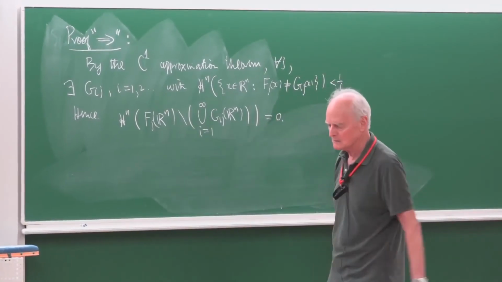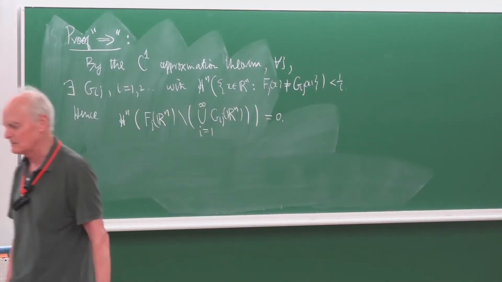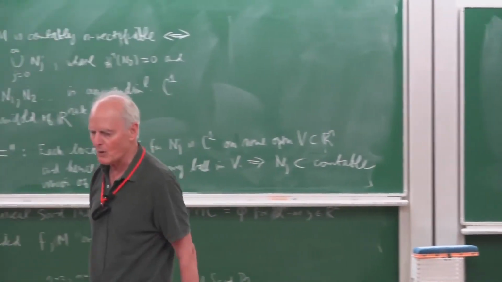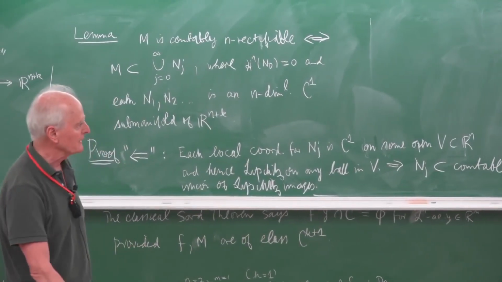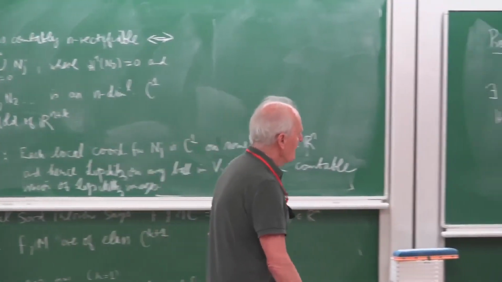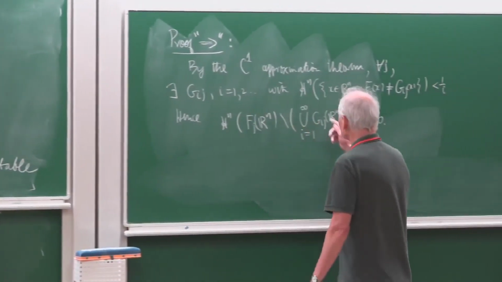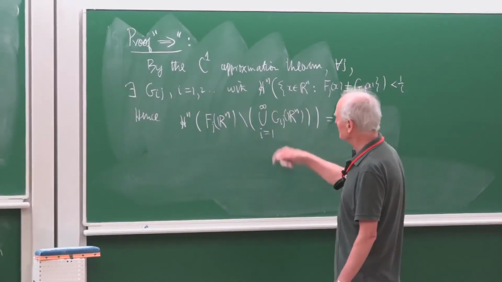Just use the C1 approximation theorem to show that you can chew up almost all of the jth image, Fj(Rn). And then we've now got to handle each of these images.